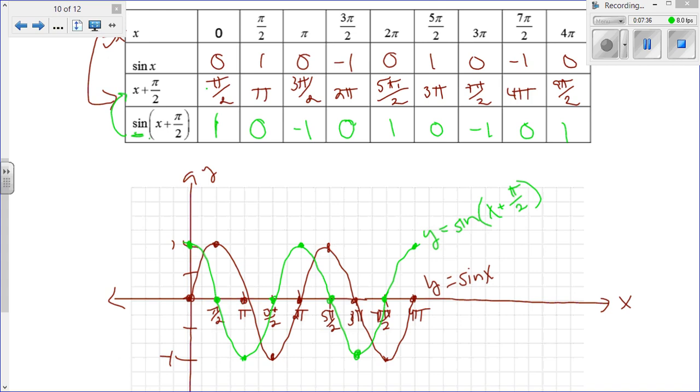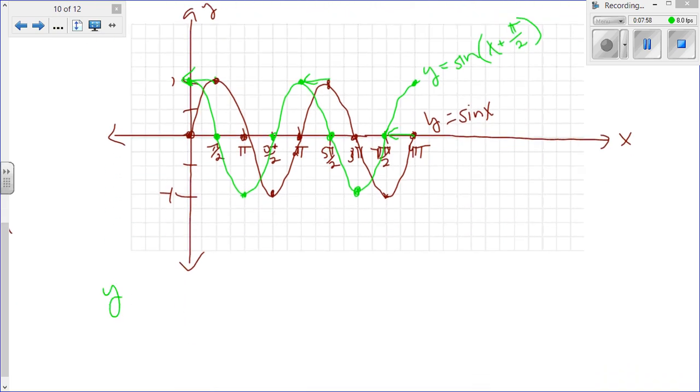Now when you look at that, all I did was I took my original sine curve and shifted it over to the left pi over 2 units. So I basically took each point and went pi over 2 that direction. And you can see that there.